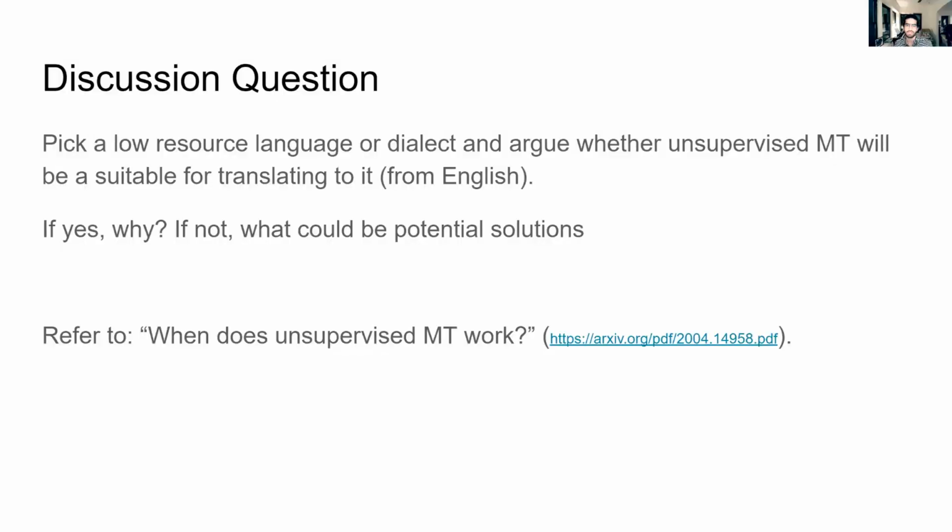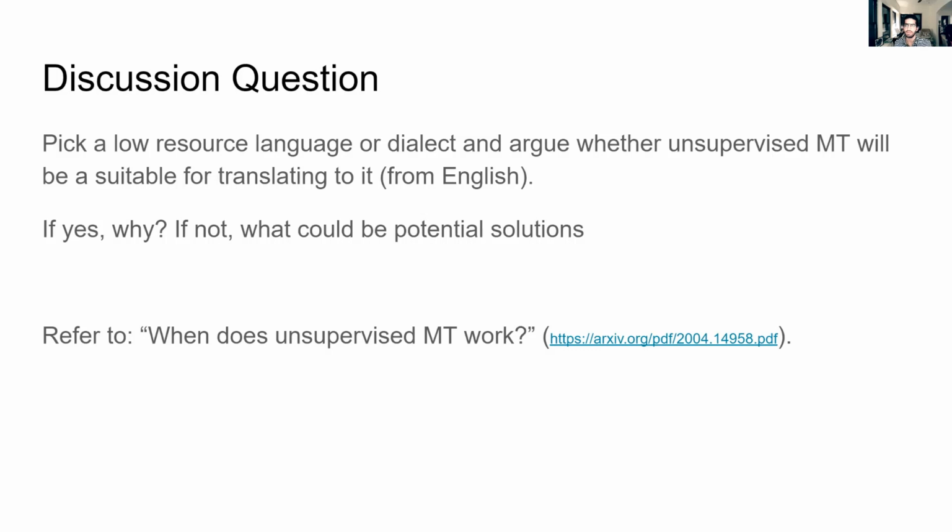Okay, so at the end, we have the discussion question. The discussion question for this class is that you have to pick a low resource language or a dialect, anything you want, and argue whether you can use unsupervised MT to translate to or from English with this language. If yes, why do you think that's true?